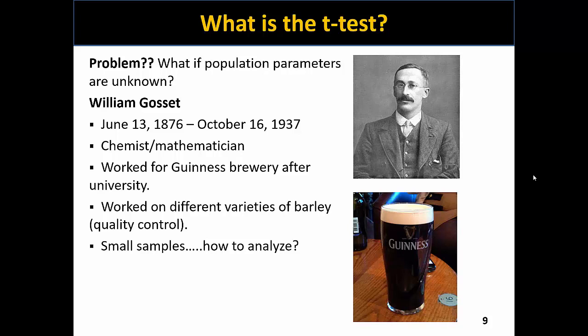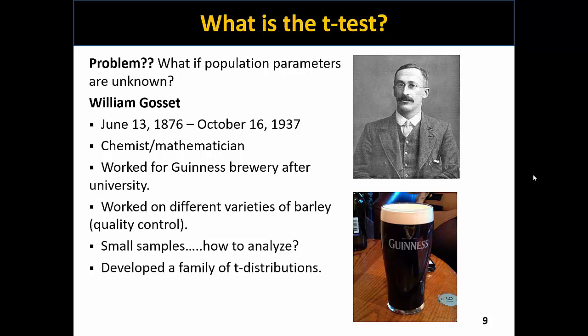During his work with the Guinness Brewery, Mr. Gossett basically developed new mathematics and developed what's called a family of t distributions that were similar to the normal distribution, but took into account the smaller sample sizes.